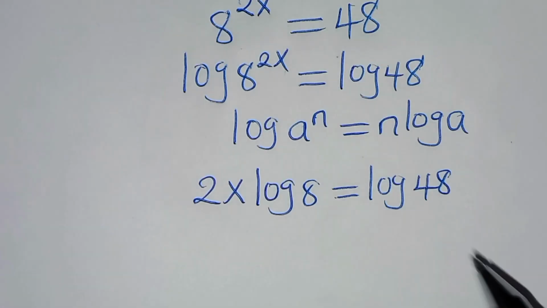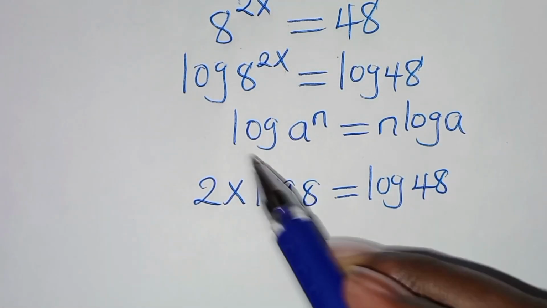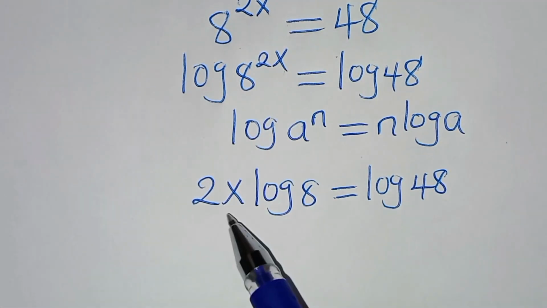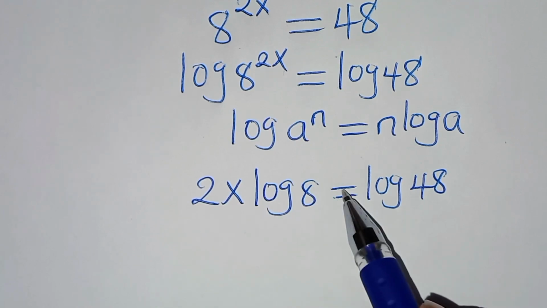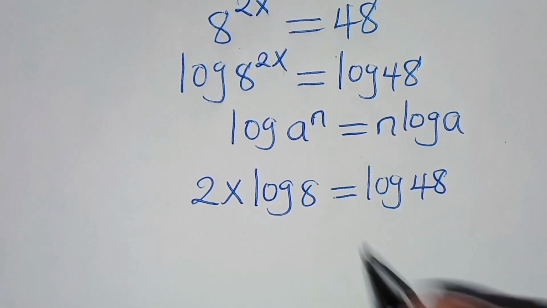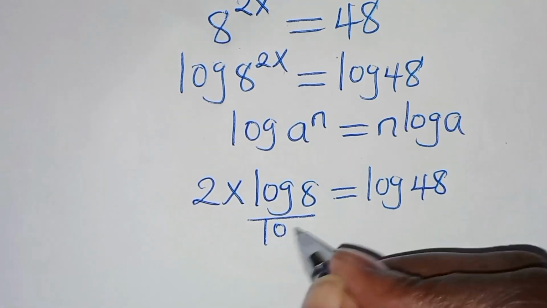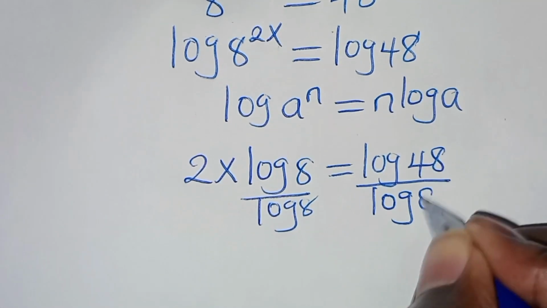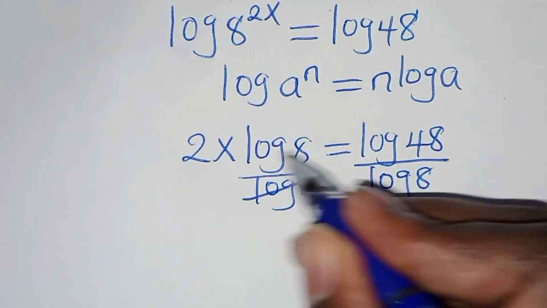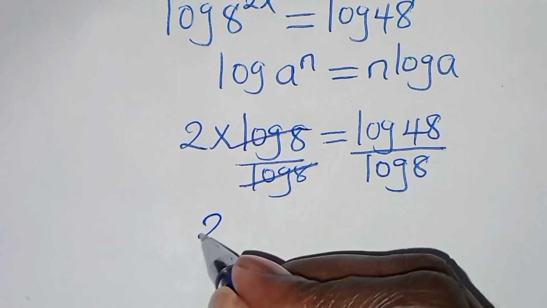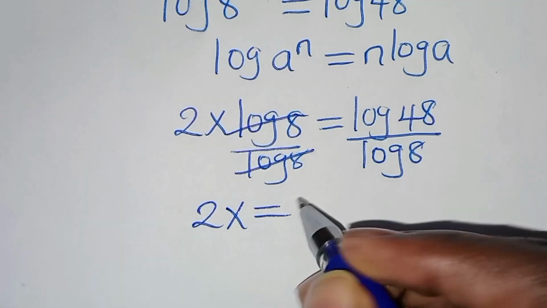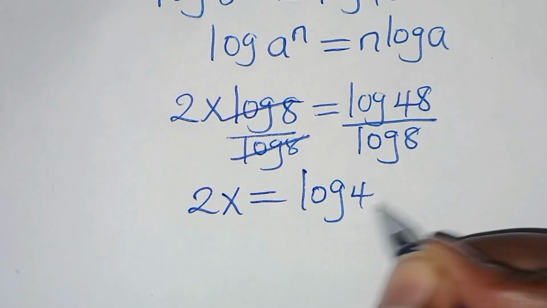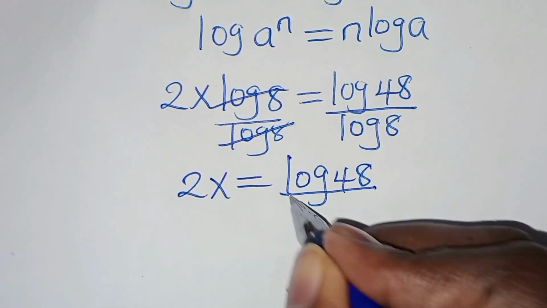This is equal to, now applying this power rule property, log 8 to the power of 2x becomes 2x log 8. This is equal to log 48. Let's divide both sides by log 8 from here. So that now we simplify log 8 and log 8 so that 2x is equal to log 48 divided by log 8.